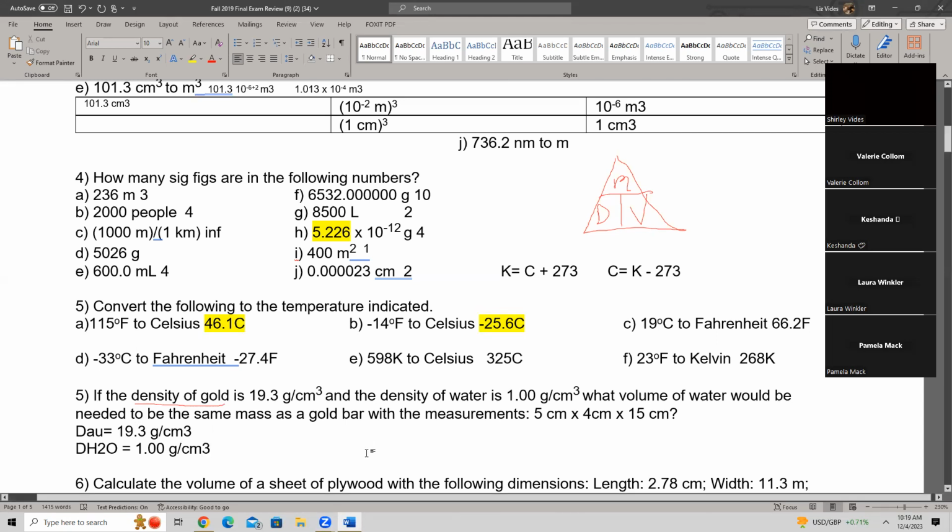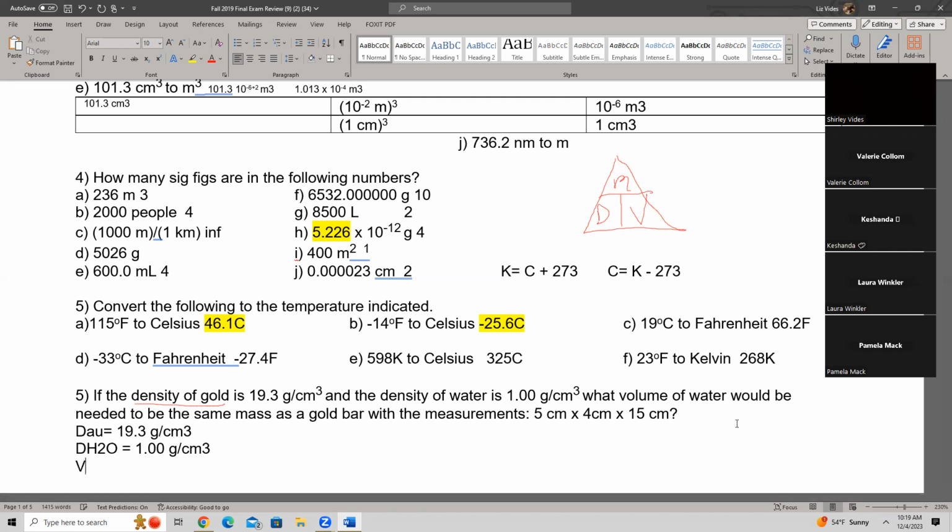And then it's telling us we have a block of gold that is 5 by 4 by 15. So that's our volume, right? The volume of gold, V Au, is equal to 5 centimeters times 4 centimeters times 15 centimeters.